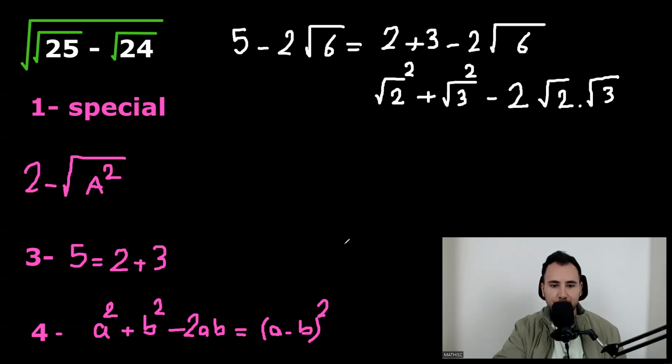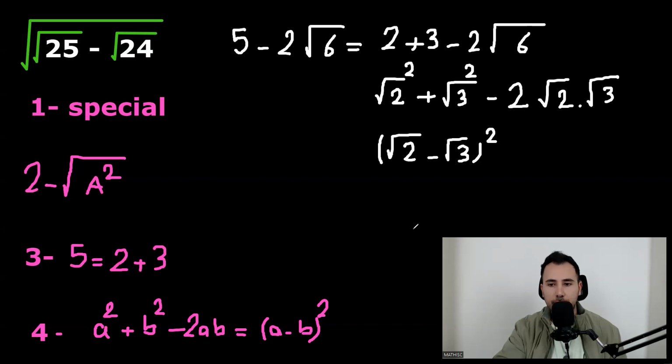So I'm going to go straight and just write it like this. It will be square root of 2 minus the square root of 3, and we're writing this to the second power.